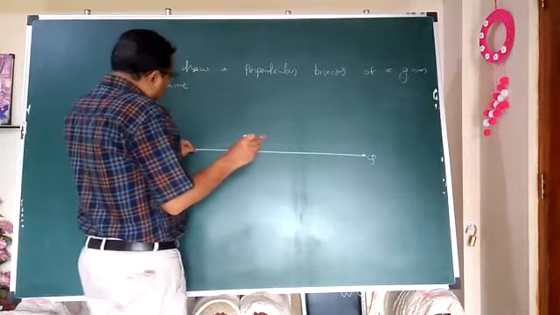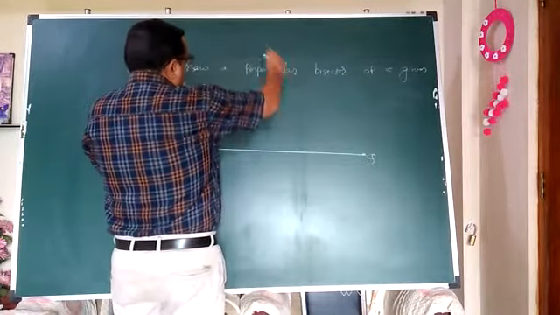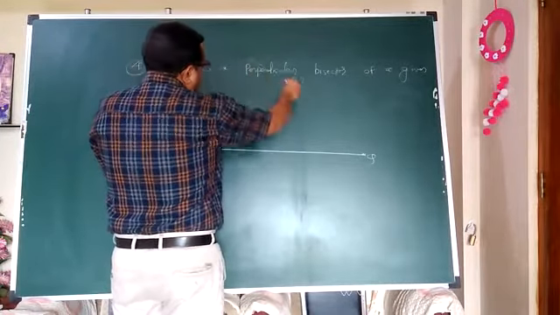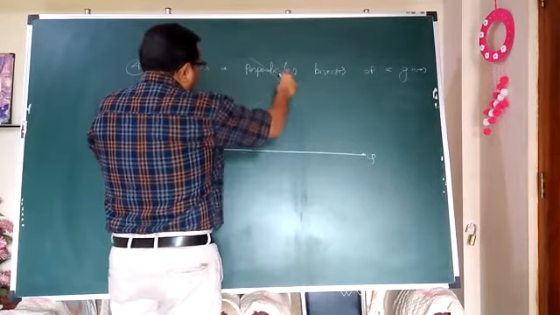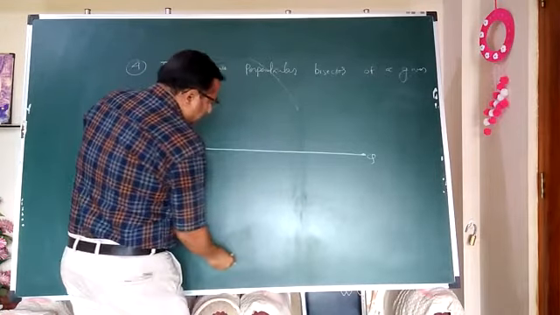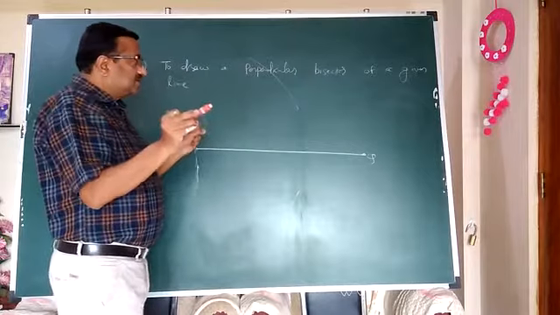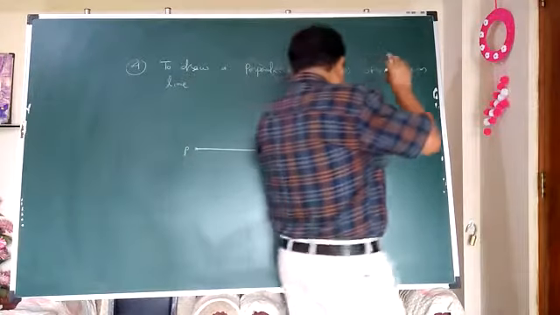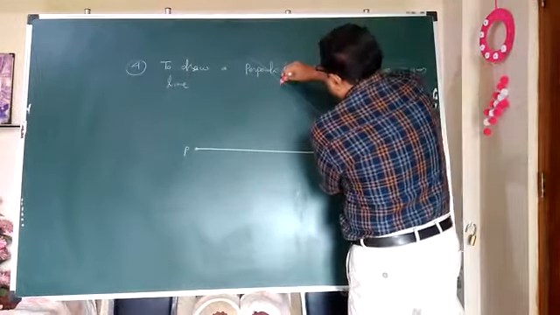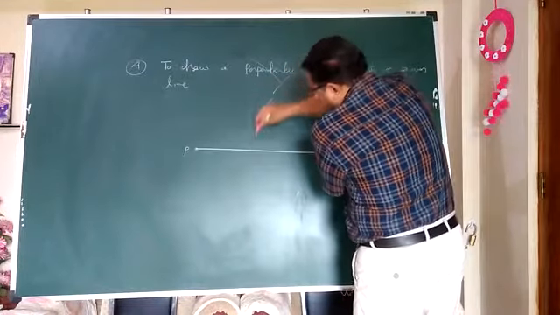And what you have to do is get intersecting arcs in this way. First arc above this line, second arc below this line, with the same radius, without changing its distance. The radius should not be changed, it should be retained the same.